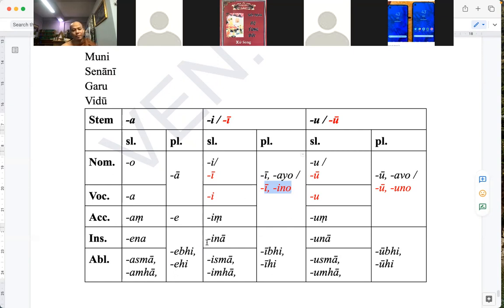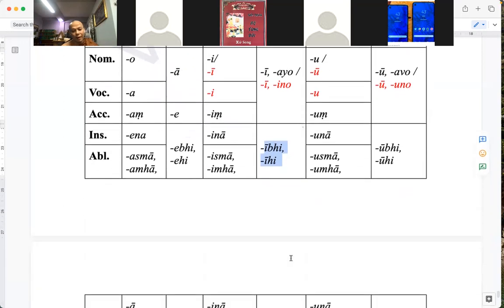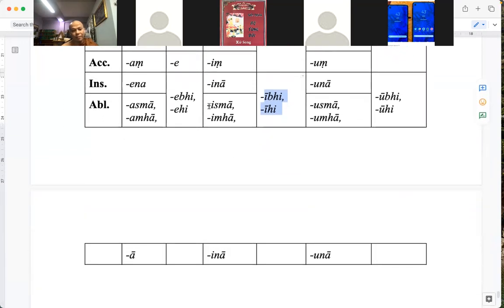And instrumental, Senanina. For plural, Senanibi, Senanihi. And then ablative. Senanisma, Senanimha, Senanina. Plural, Senanibi, Senanihi.